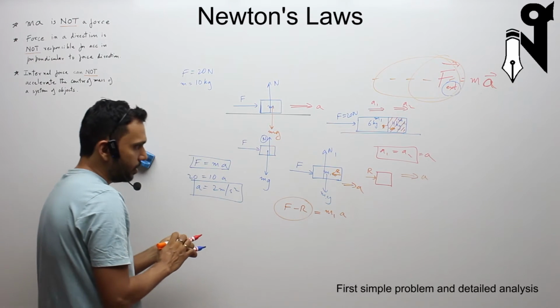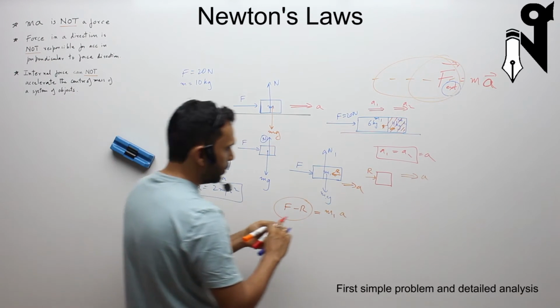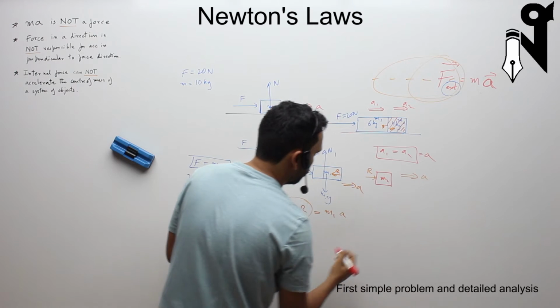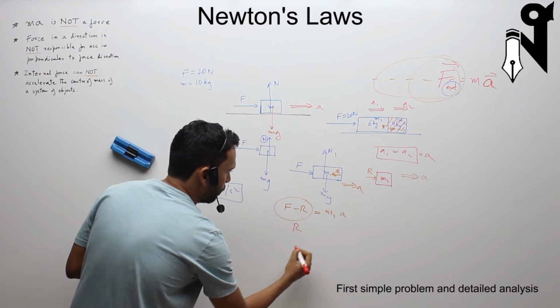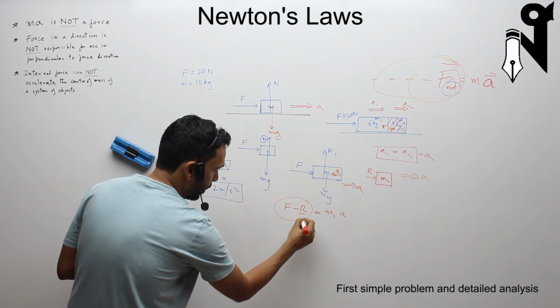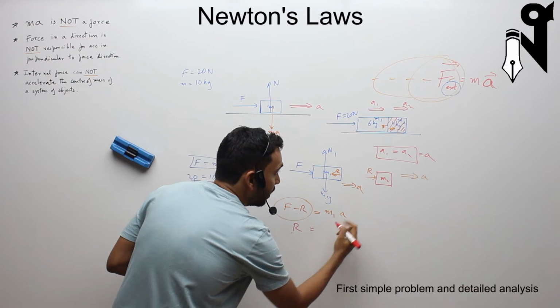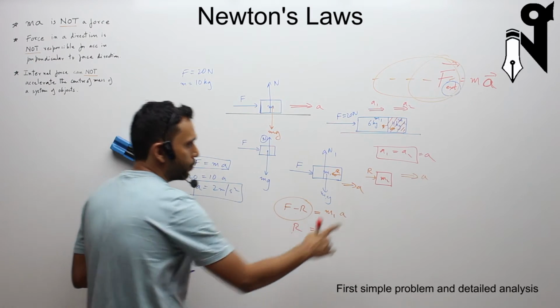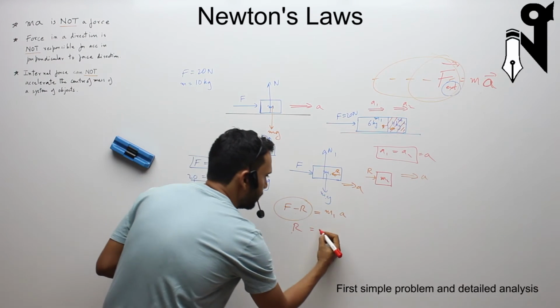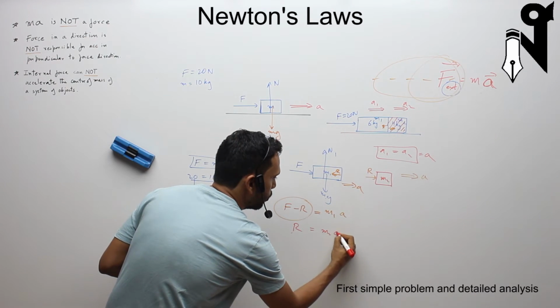If I write the equation for that, this is your M2, then it received a push from the back of R, which is the same. This R and that R are the same. So it received a push of R, and that's the only force making it accelerate in the forward direction. So R must be equal to M2A.